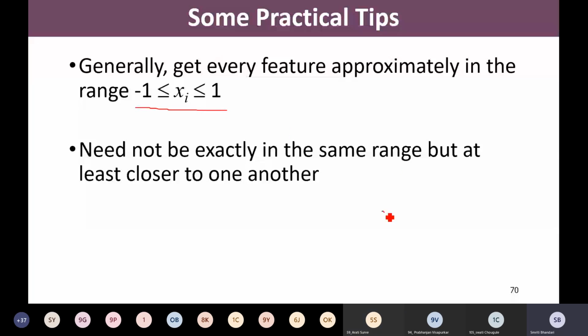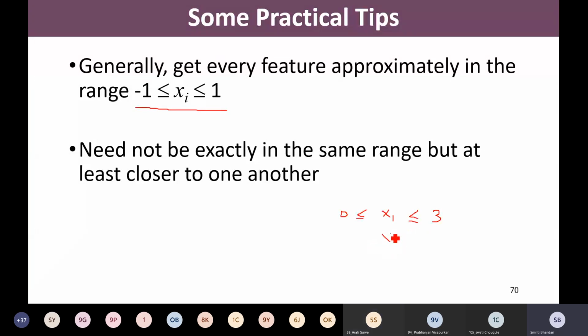Say for example, if I have a feature x1, and it lies in the range 0 to 3.